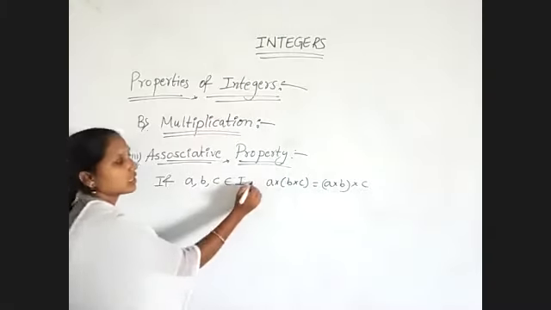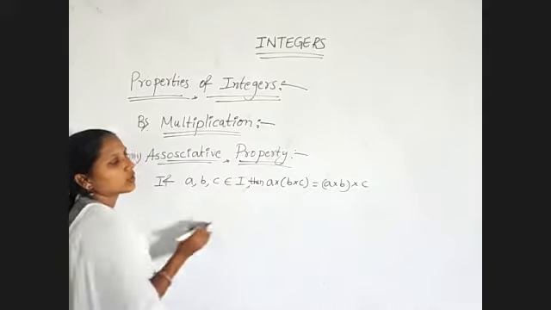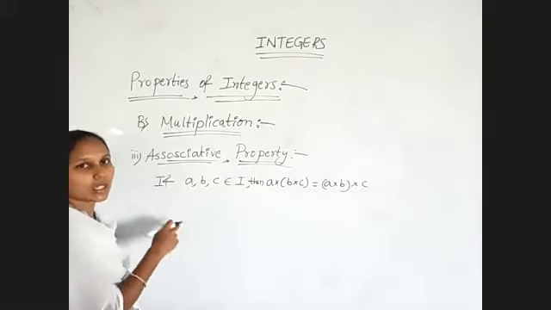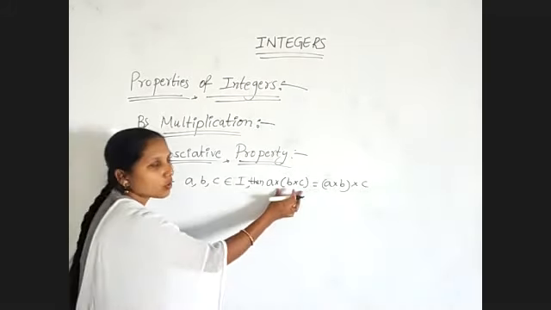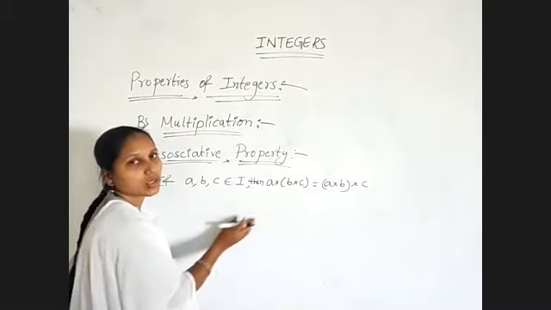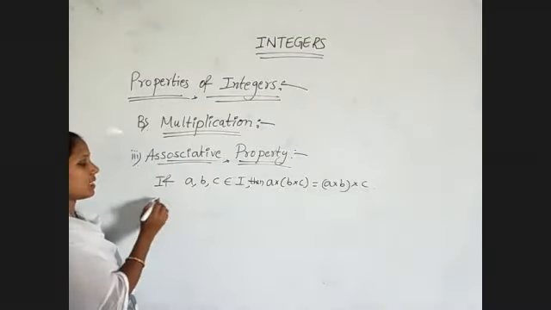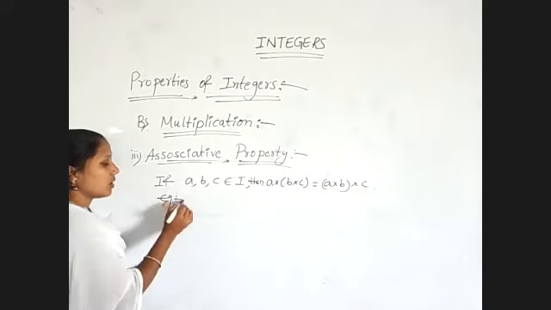That's it. Then a into b into c is equal to a into b into c, only the grouping is changed. That's all. Whether it is possible or not, we will see by the example.